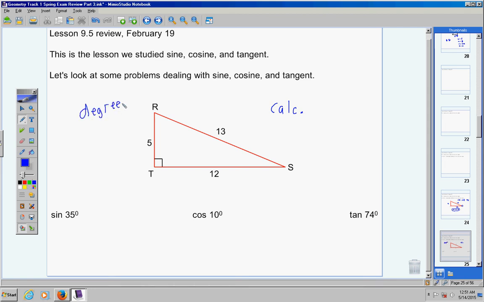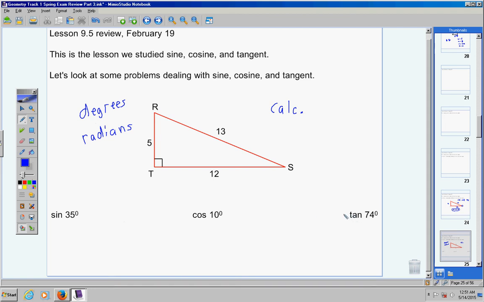Sometimes it might be in radians, even though you don't want it to be and you didn't do it on purpose. Your calculator can still be in radians, so always check and make sure that your calculator is in degrees, because we're solving problems in degrees.